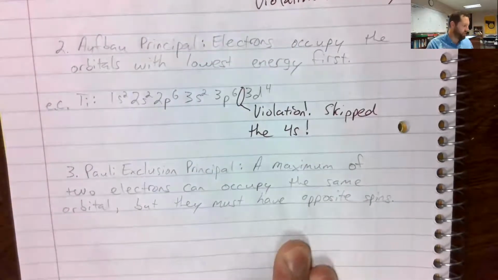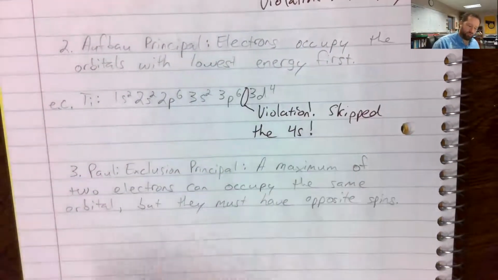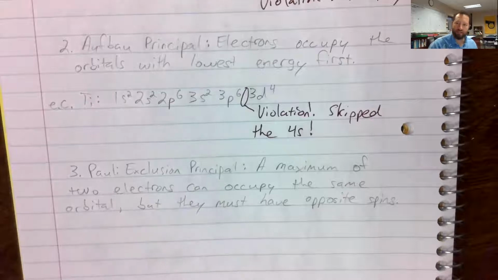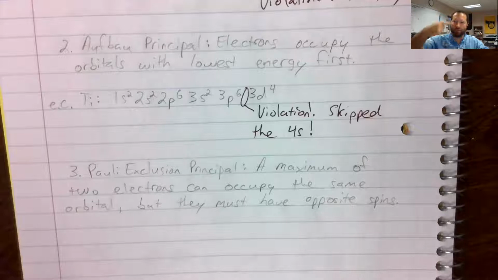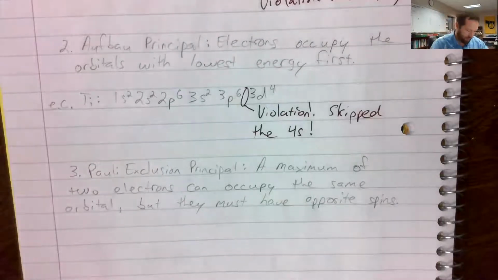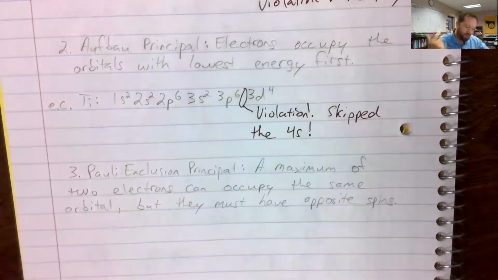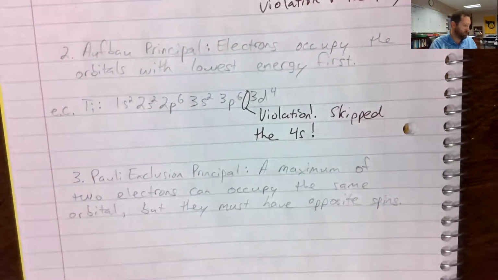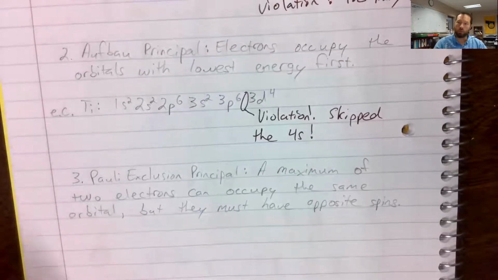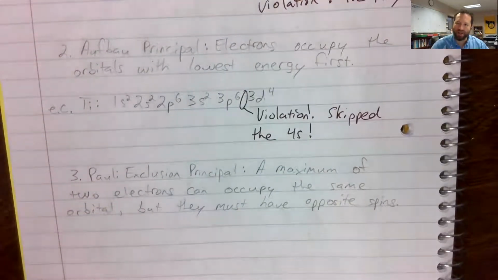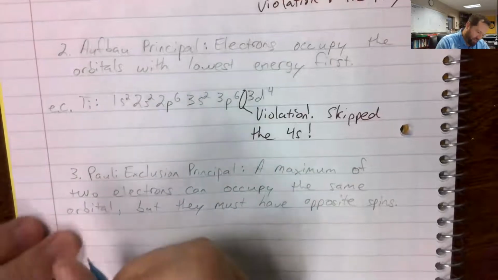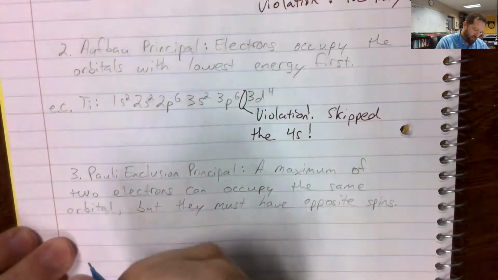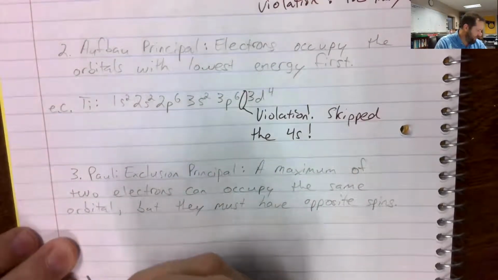You can only have two electrons in the same orbital, and they have to have opposite spins, so one has to spin forward, the other one has to spin backwards. I can't do it, but that's what must happen, and that rule is known as the Pauli exclusion principle. So two ways I see this one violated. I'll show both to you. I think I'll be able to do this both in the same.